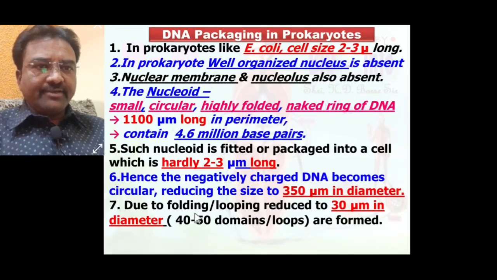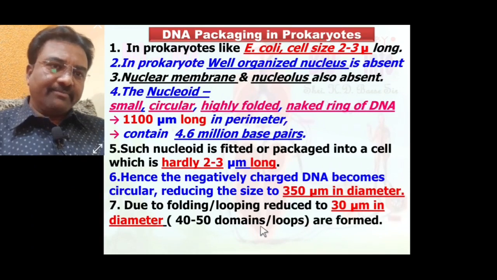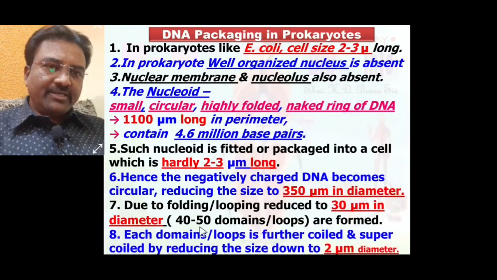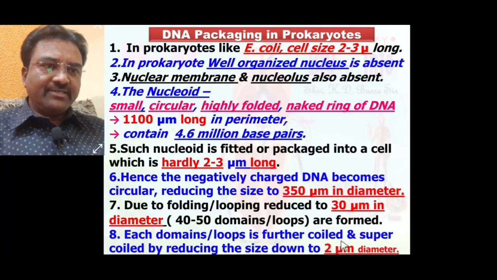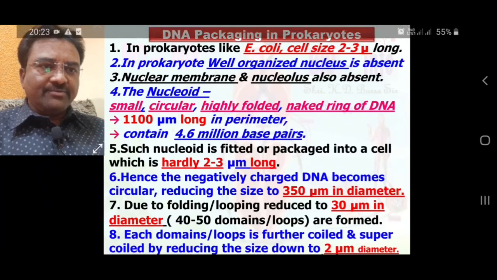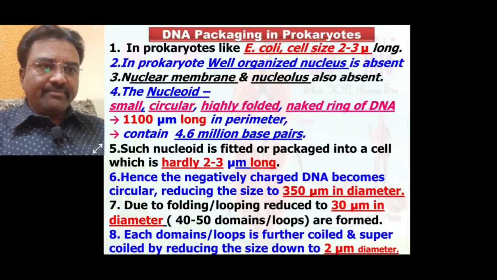Also due to folding or looping, it reduces to 30 micrometer in diameter, with 40 to 50 domains or loops formed. Each domain or loop is further coiled and supercoiled, reducing the size down to 2 micrometer diameter.